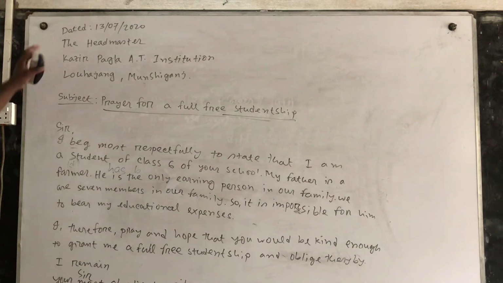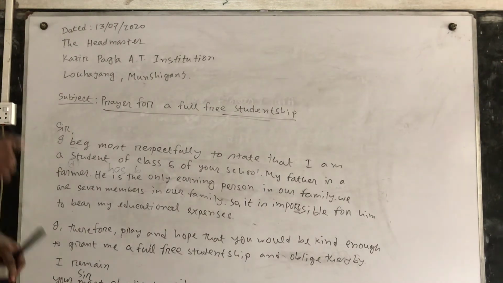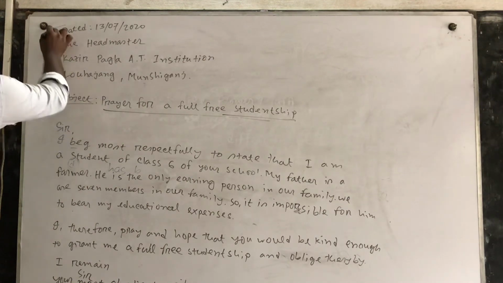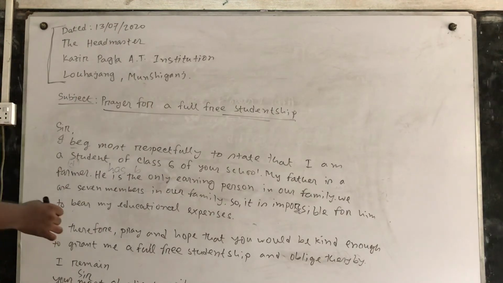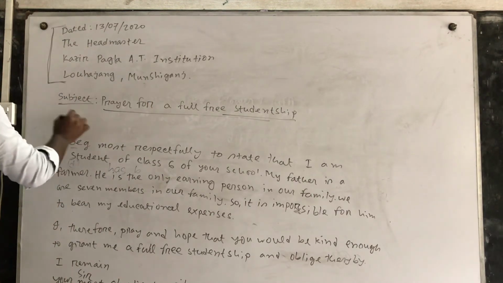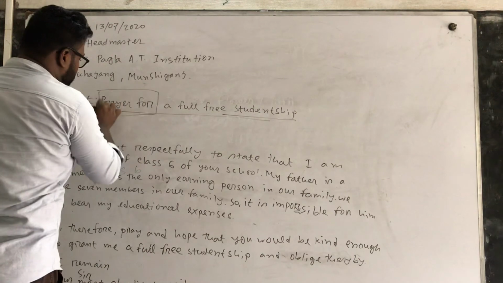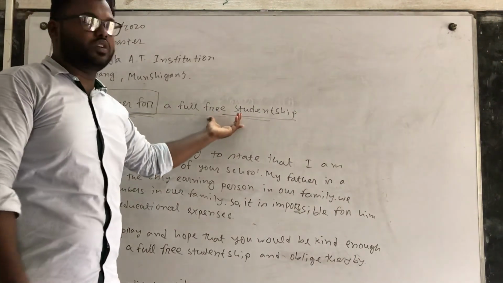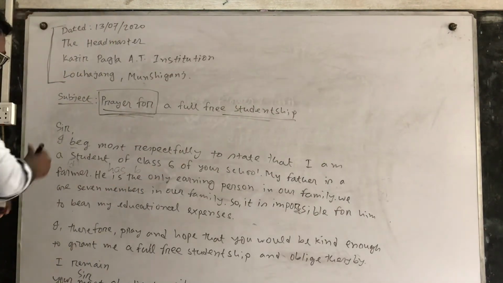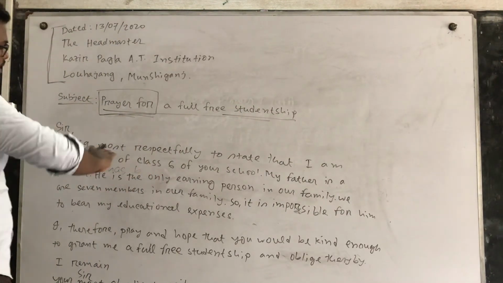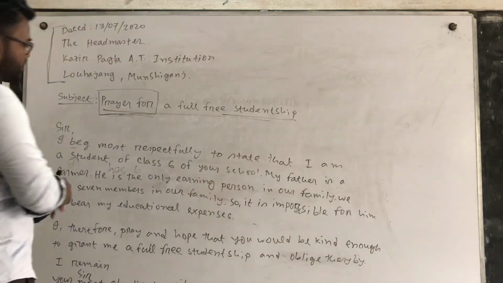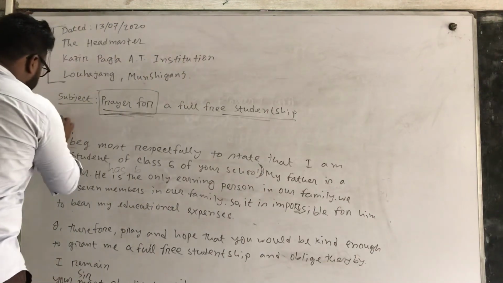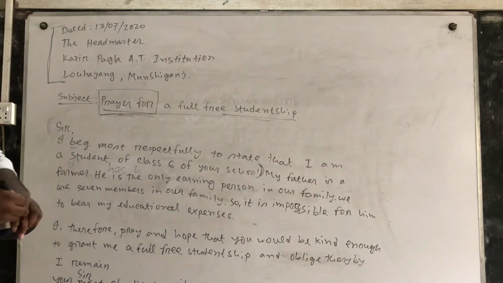The heading will be common in each and every application. Then the subject will start the same, prayer for, then vary according to your question. Then I beg most respectfully to state that I am a student of class such-and-such of your school. This also will be the same in each and every application.